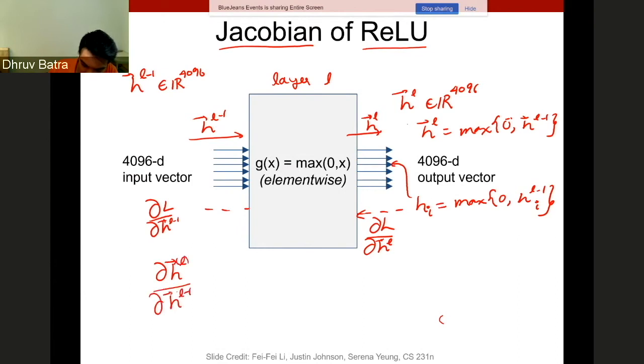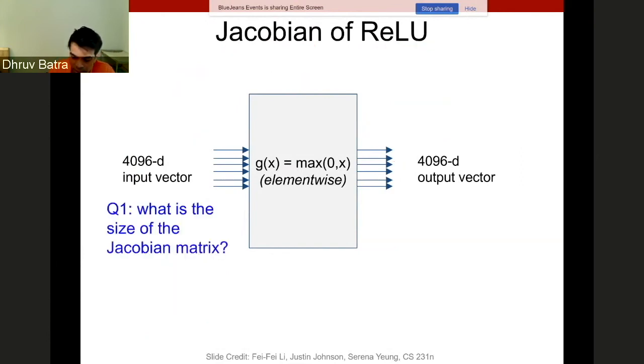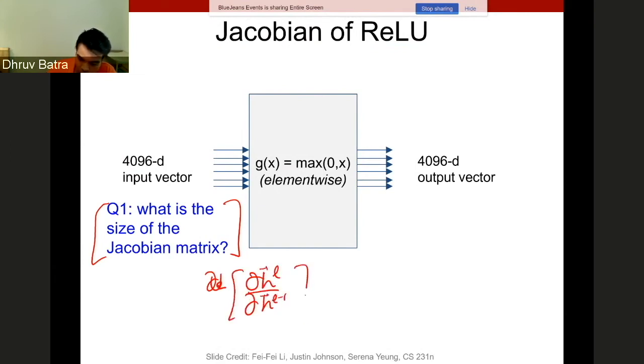This is a simple build-up, this part is not particularly hard. So the first question is, what is the size of the Jacobian matrix, the partial of h^L with respect to h^(L-1)? Given the parameters that we have defined, what is the size of this matrix? Folks, please enter it in the chat. Not a particularly tricky question. Input is 4096, output is 4096. How large is this matrix?